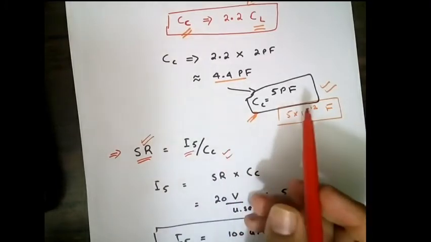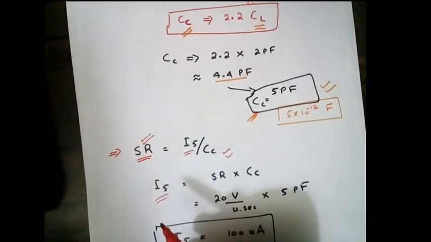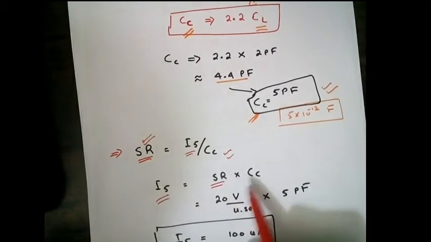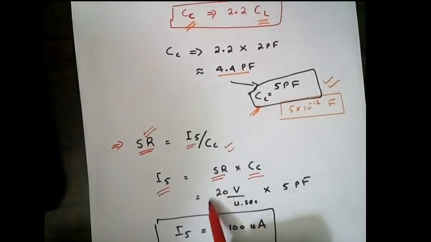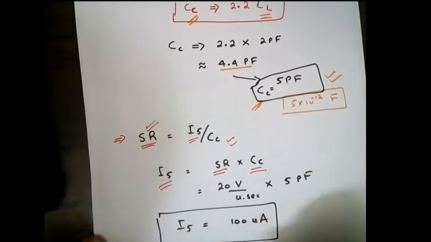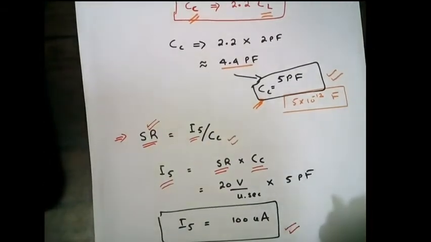Cc we calculated above, so we can find I5. That was also one of the design parameters which we need for meeting the specification. So the I5 is equal to slew rate times the compensation capacitor. So it's going to be 20 volt per microsecond multiplied by 5 picofarad, and we end up with a current of 100 microamps. So that's another parameter which we found.